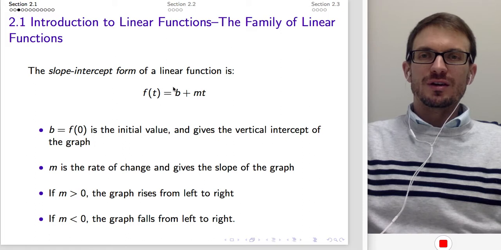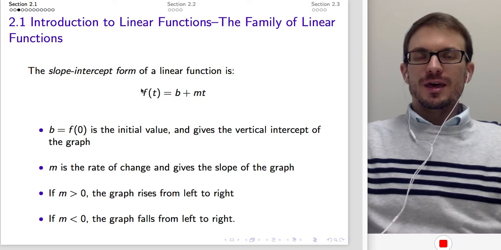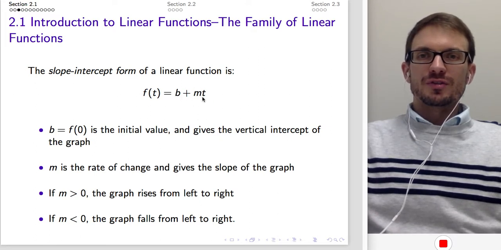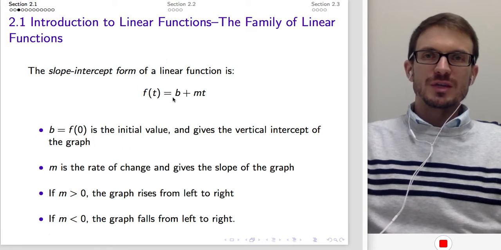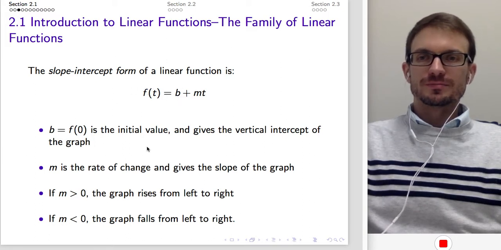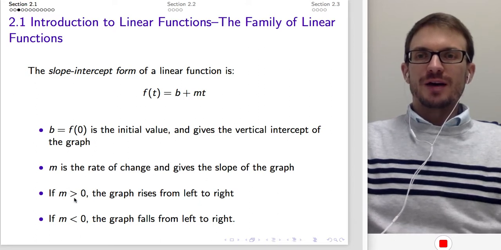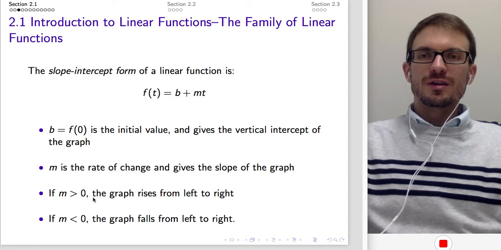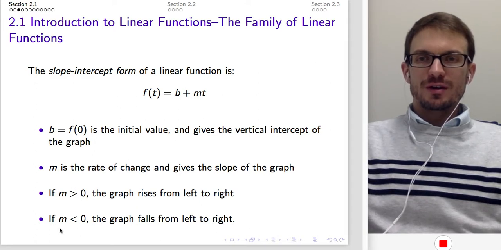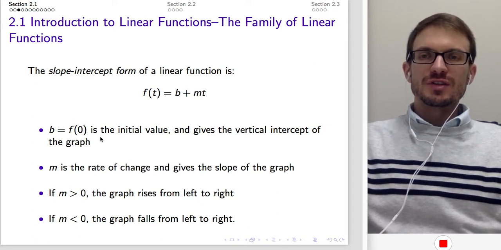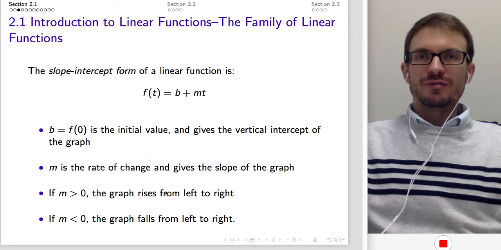When we evaluate this function at t equal to 0, the independent variable is 0, and the dependent variable takes on a value equal to the intercept. m is the rate of change. It gives us our slope. If m is positive, the function is increasing. The graph is rising from left to right. If m is negative, the function is decreasing, and the graph falls from left to right.